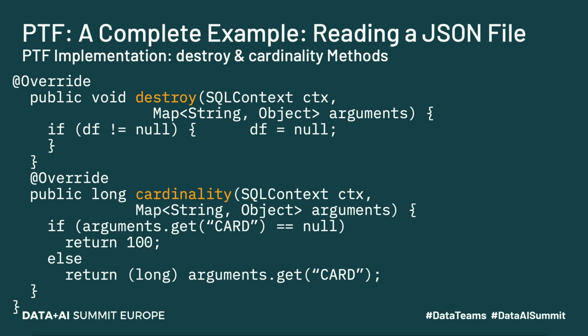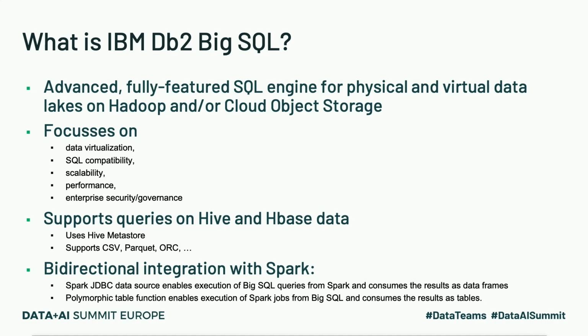And if that argument is passed, then we just return that. And otherwise, we return a constant 100. That's our best guess in that case. Therefore, we have the possibility, if we know how big the JSON file is, to return that. Of course, for a real implementation, one would usually do a much better implementation for cardinality. But as I said, it's just used by the optimizer for finding the best query plan.